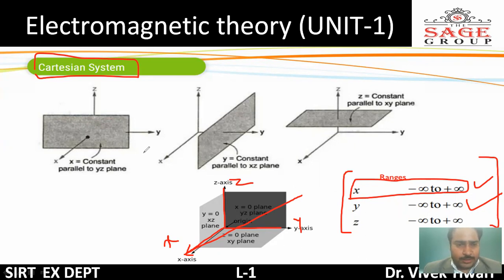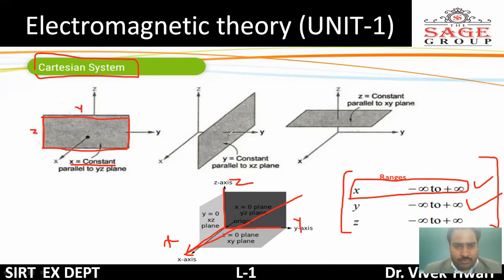Third important thing is the plane. Suppose we assume x constant. That means if x is constant, then z is varying and y is varying, and it will make the yz plane. This is z, this is y.